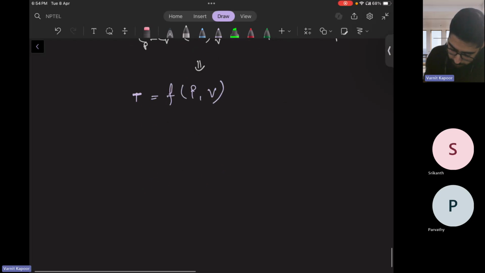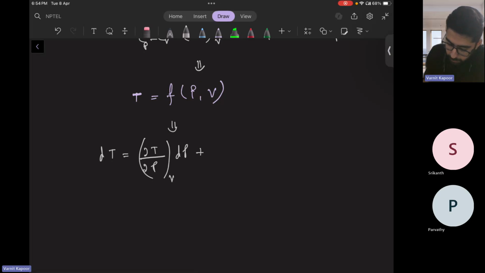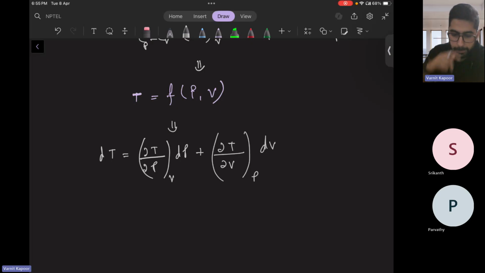Now do the differentiation of this. So dT can be written as dou T by dou P at constant volume dP, and dou T by dou V at constant pressure dV.